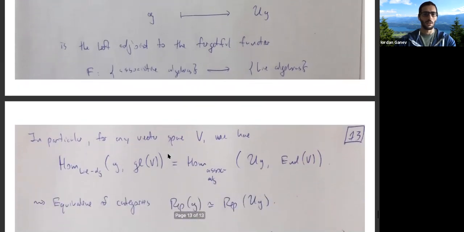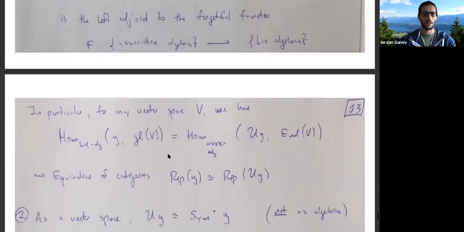And so if we think of representations of our Lie algebra, those are Lie algebra homomorphisms from g to gl(V), then those will be the same as associative algebra homomorphisms from the universal enveloping algebra to the endomorphism algebra of that same vector space V. So in other words, representations of the Lie algebra are the same as representations of this universal enveloping algebra.